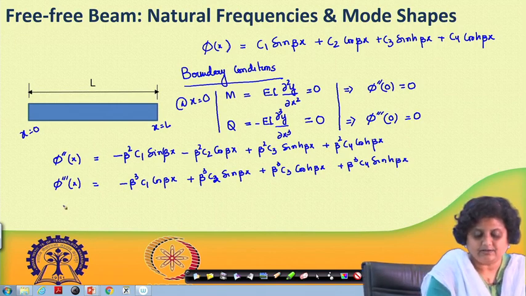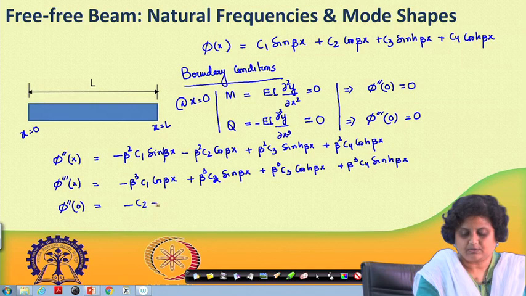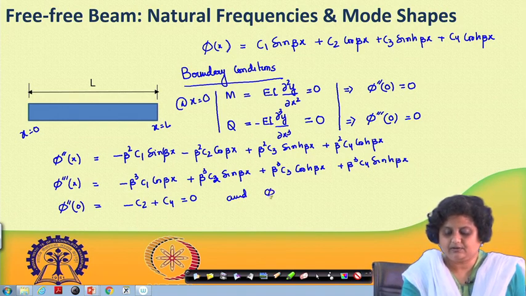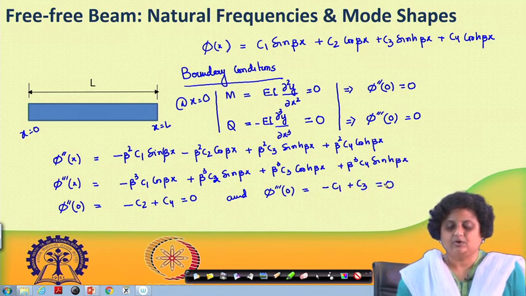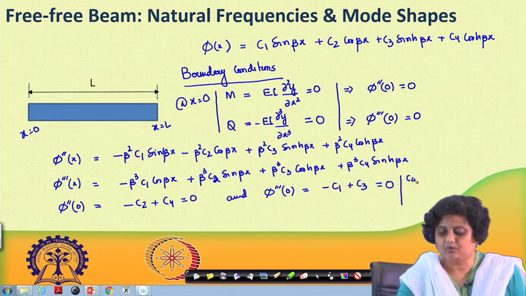Therefore, I can write phi double dash 0 to be minus C2 plus C4 equals to 0 and phi triple dash 0 to be minus C1 plus C3 equals to 0. So, now from these 2 I get C4 is equal to C2 and C3 is equal to C1.